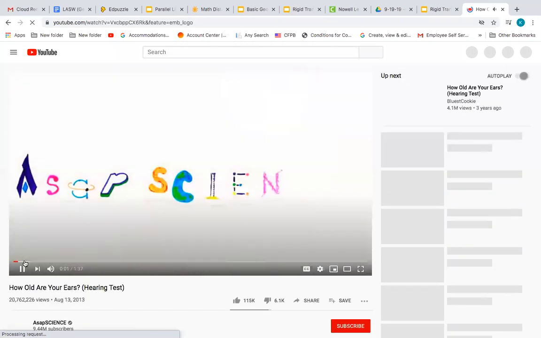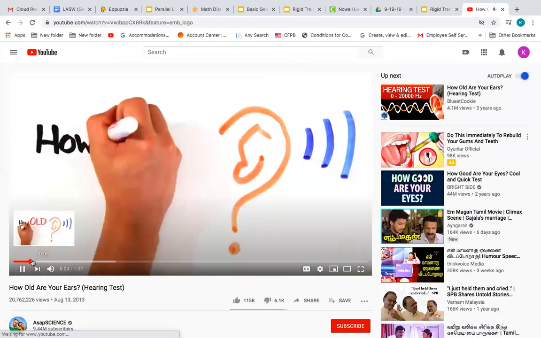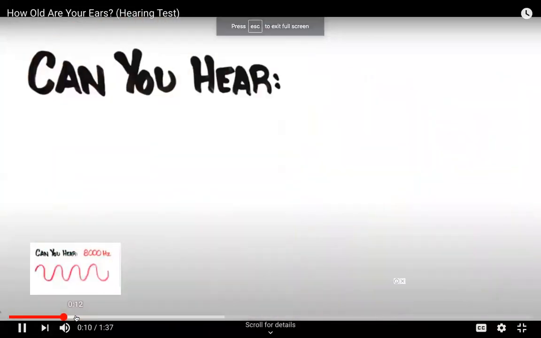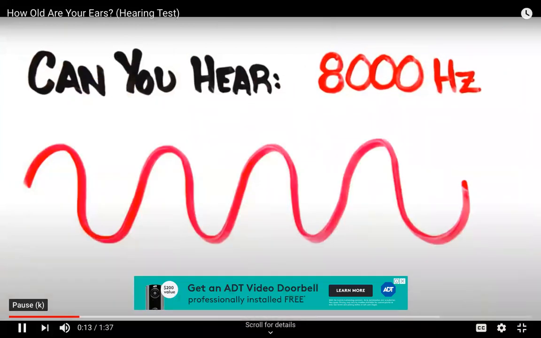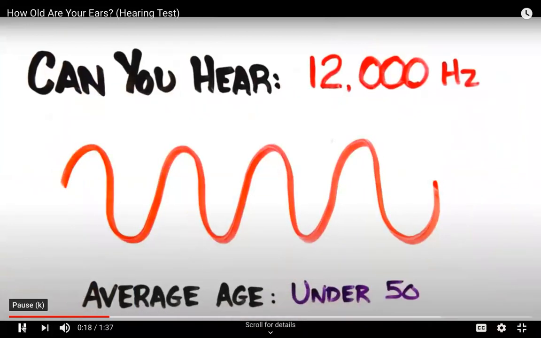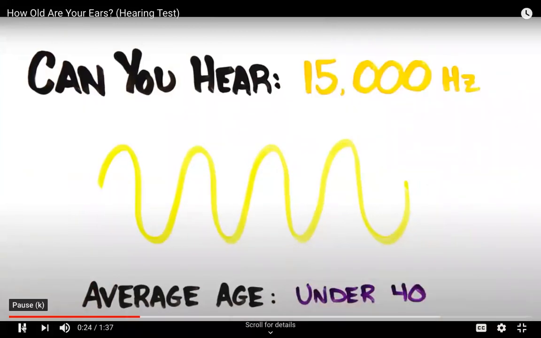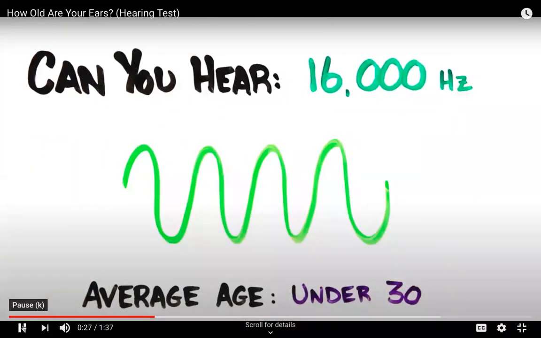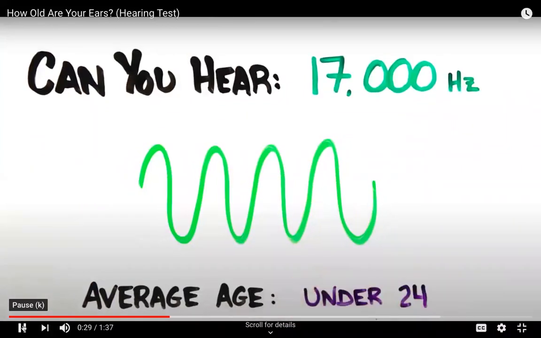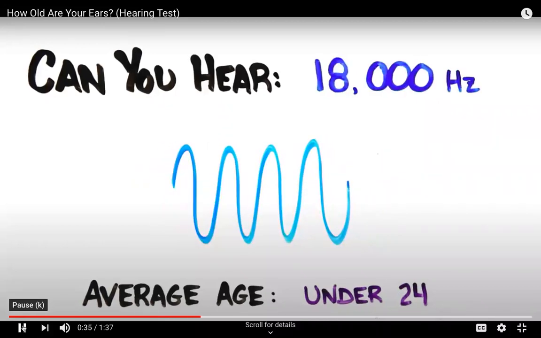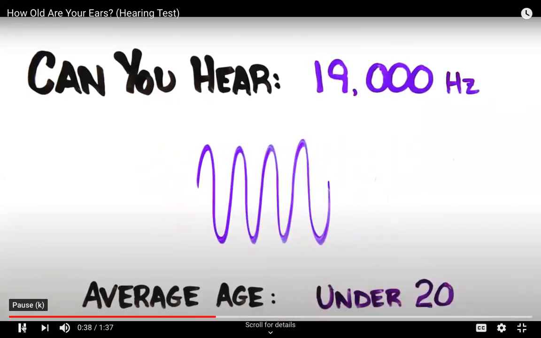As we grow older, we often lose the extreme ends of our hearing spectrum. So, how many of the following sounds can you hear? How old are your ears? Okay, if you can hear 8,000 hertz, you're both alive and not hearing impaired. But let's keep raising the frequency. How high could you hear?